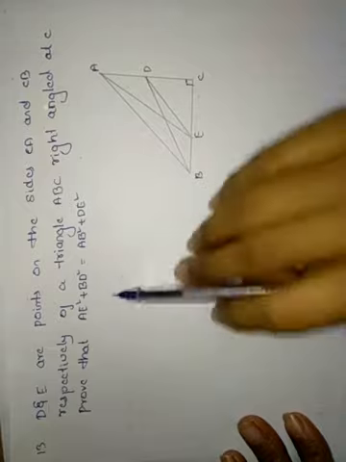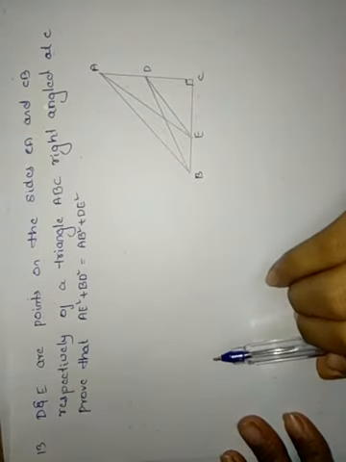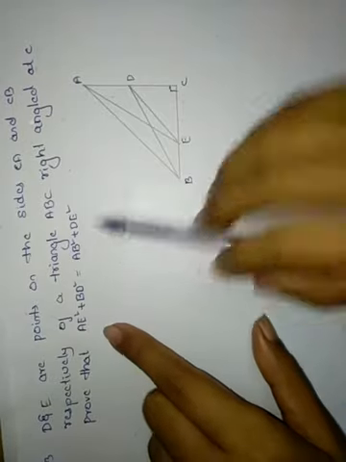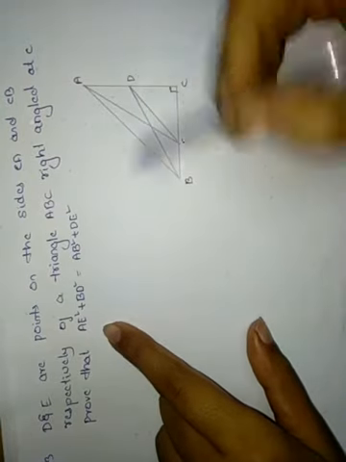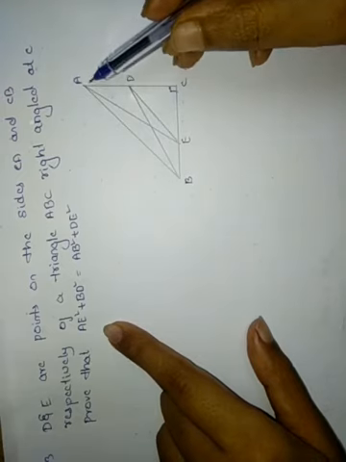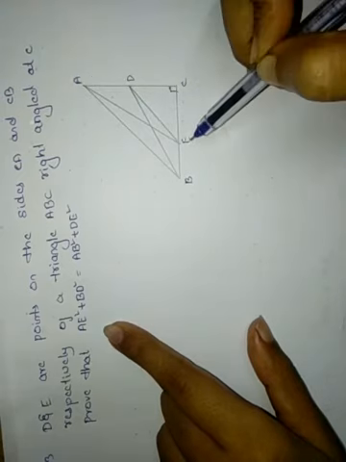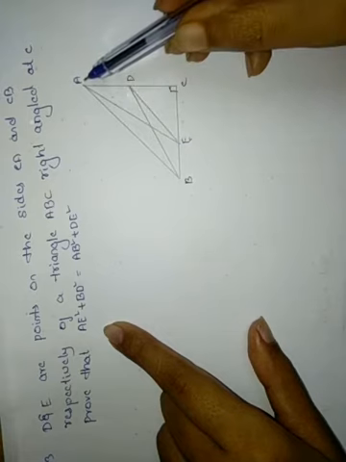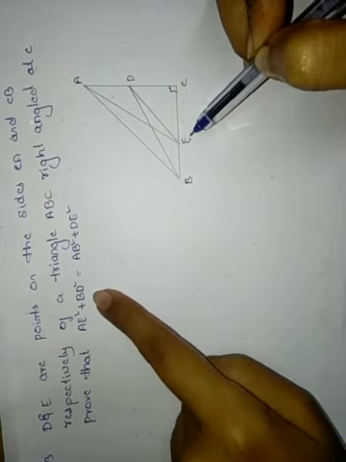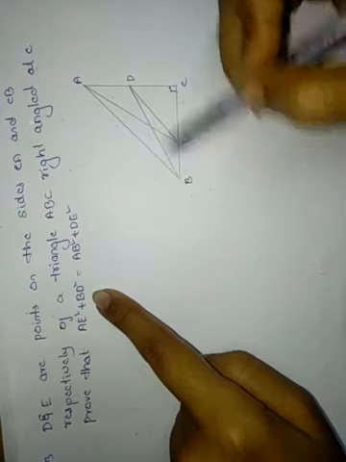To show this, I am going to consider the triangles according to this equation. AE means the hypotenuse of the triangle ACE, isn't it? So we will consider the triangle ACE. And one more, they have given BD, right?